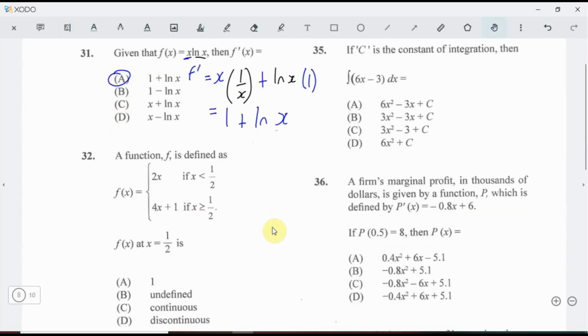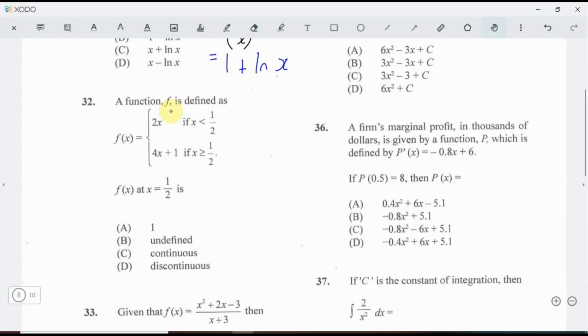Question 32. It says a function f is defined as a piecewise function, 2x and 4x plus 1. It is 2x when x is less than a half, it's 4x plus 1 when x is greater than or equal to a half. At x equal a half, let's look at it.